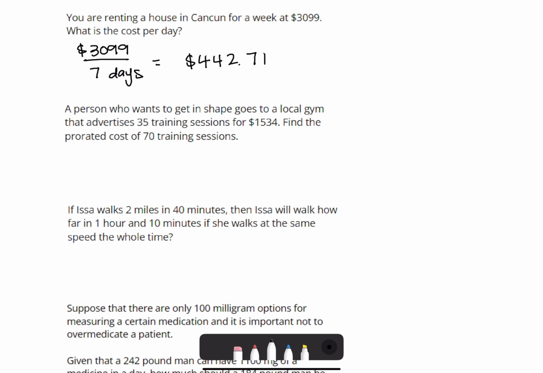Okay, a person who wants to get in shape goes to a local gym that advertises 35 training sessions for $1,534. Find the prorated cost of 70 training sessions. So the cost is $1,534 for 35 sessions, and we're trying to find the cost for 70 sessions.